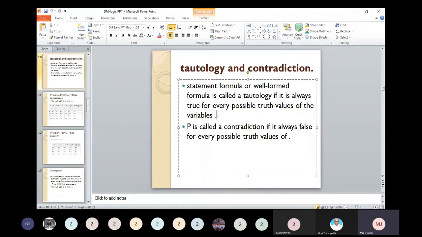Then we can say that the given one is a tautology. Otherwise, if the resultant is all false, then the statement is called a contradiction.